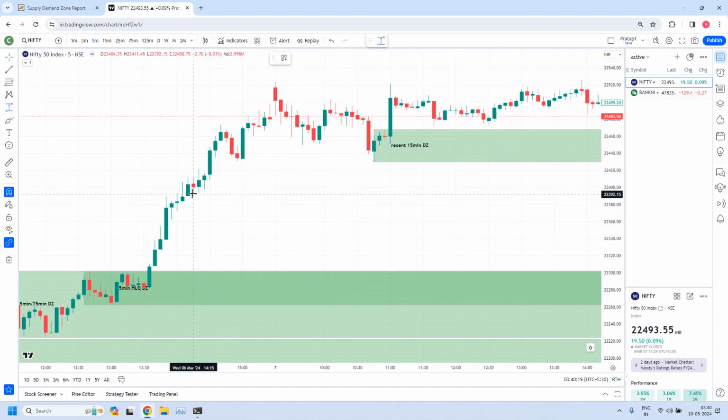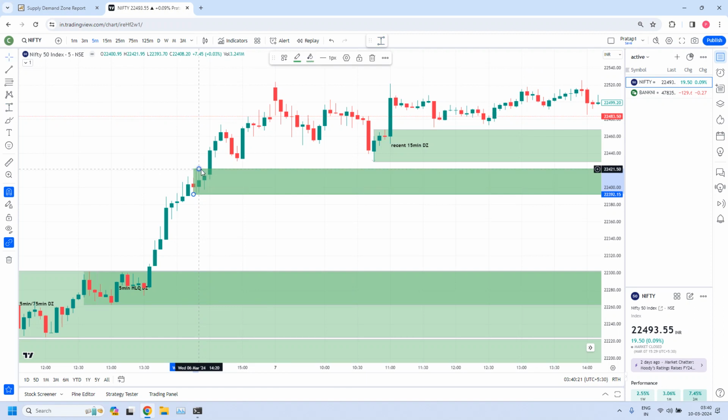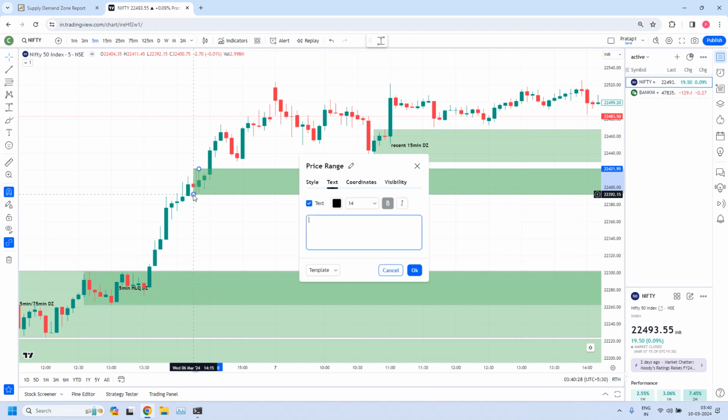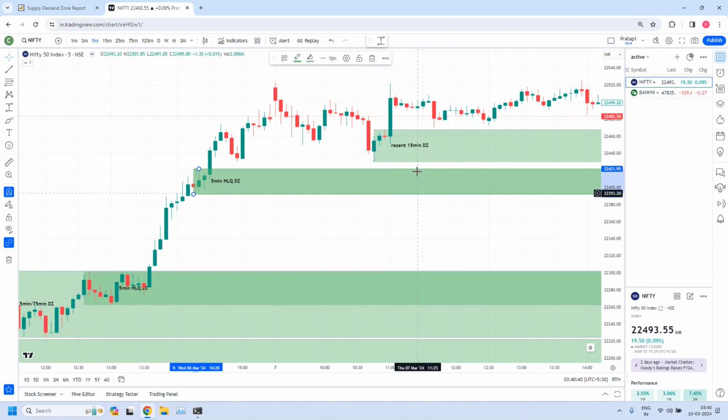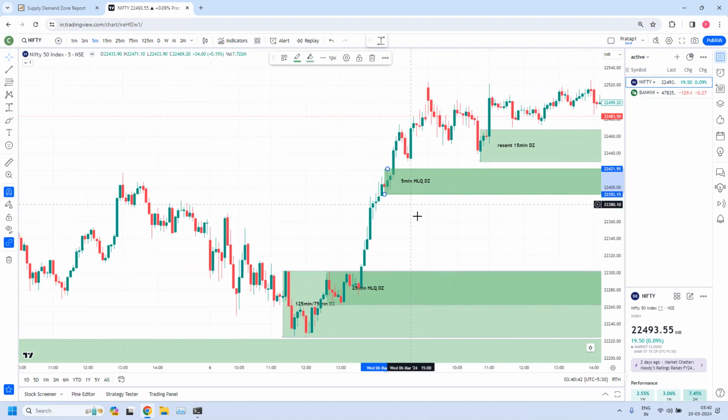So here it is, we have the zone. This is just before this 15 minutes demand zone.